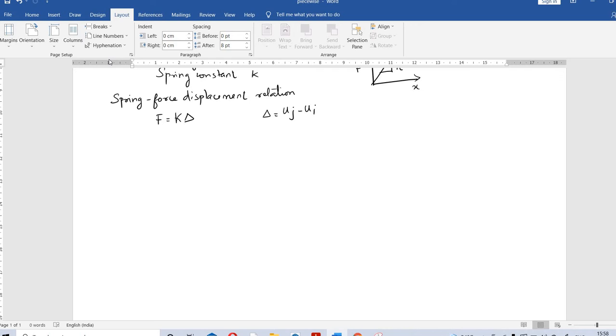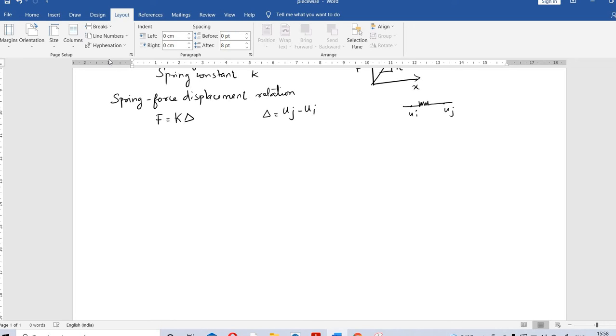We have taken the spring with ith and jth nodes. The displacement here is ui, the displacement here is uj. The difference between the displacement of the second node and the first node is the net deflection. Because in some cases the initial deflection is 0, we are deducting uj minus ui.